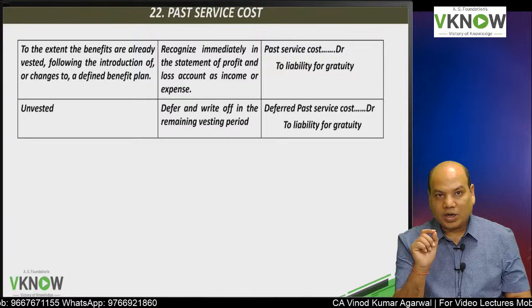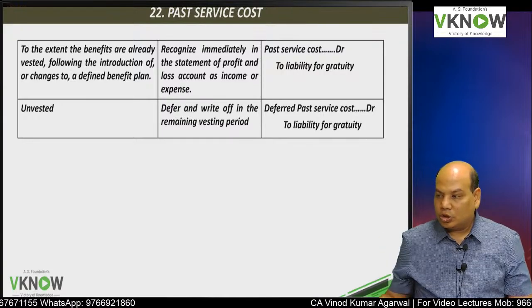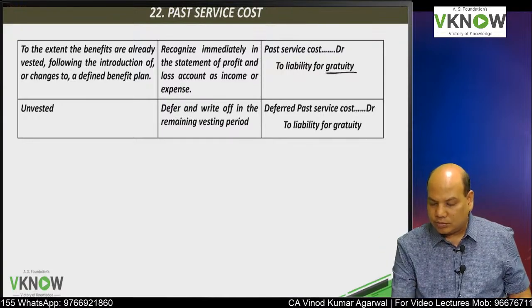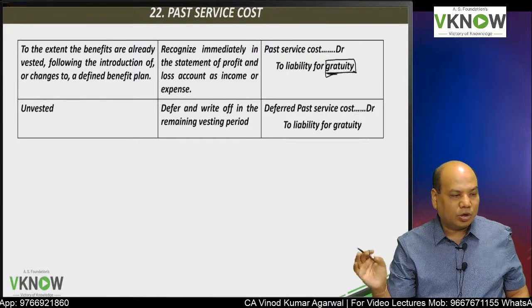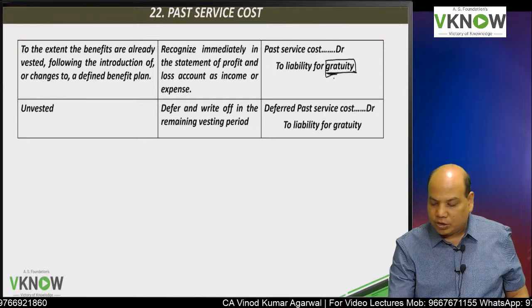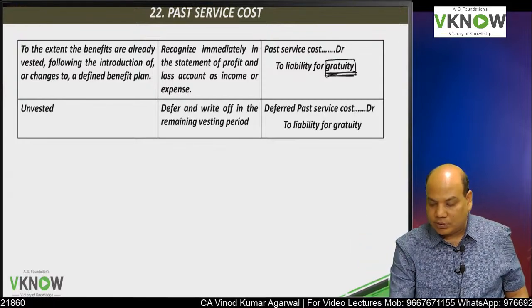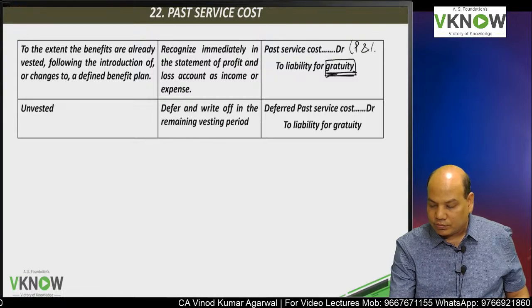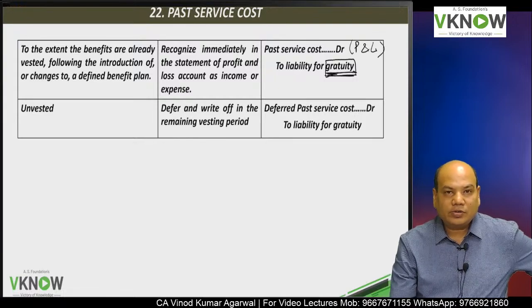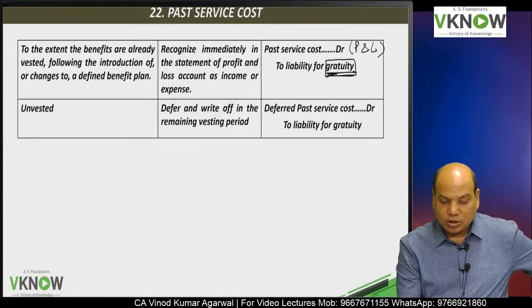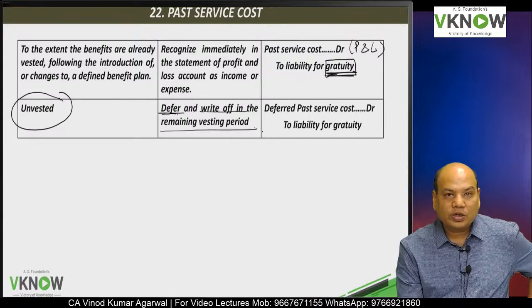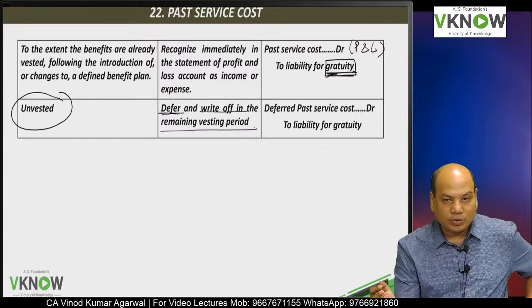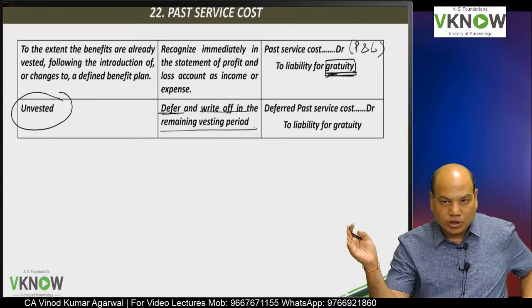Journal entry, past service cost account debit to liability for gratuity or any other post retirement benefit or any other long term benefit. Gratuity was only used as an example, and this past service cost will be recognized fully in the P&L account. But if it is unvested, first I am going to defer it and then I am going to write it off over the remaining vesting period, just like you write off any expense over a period of time.